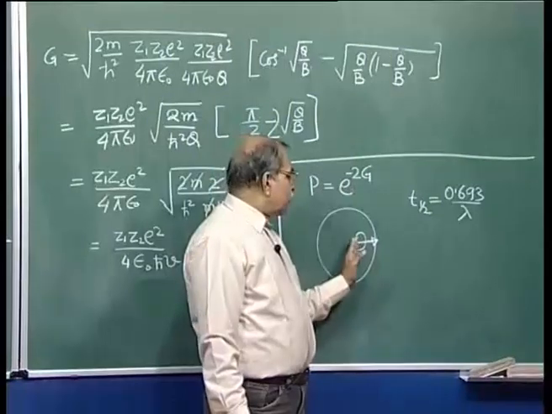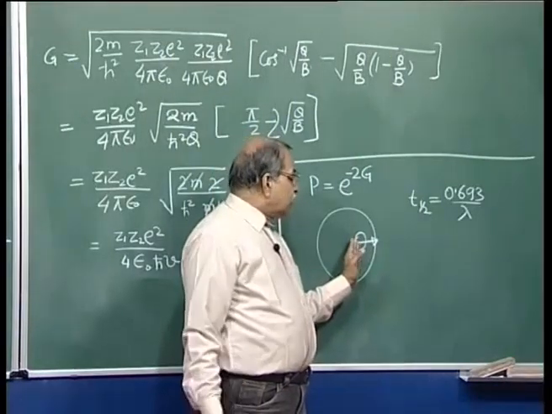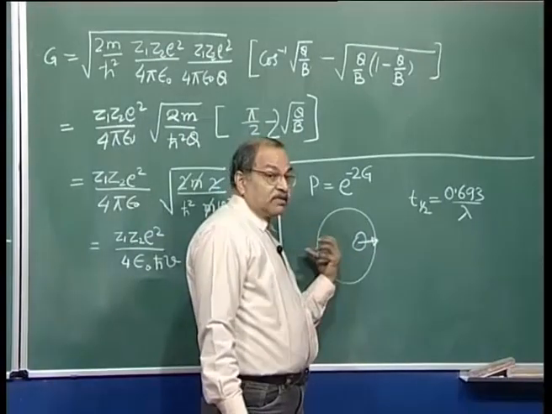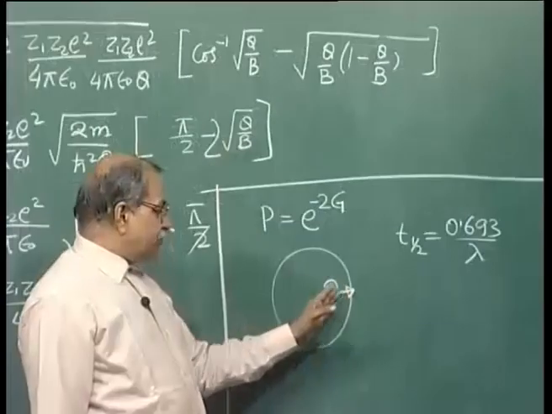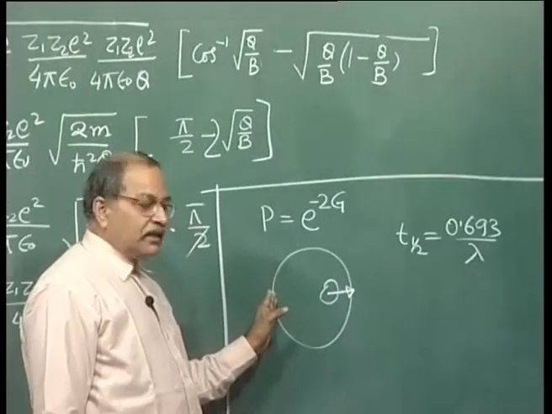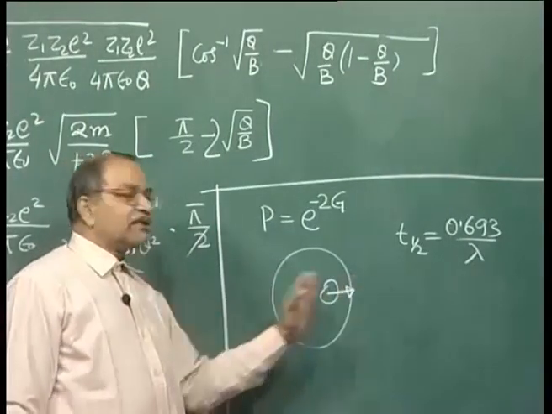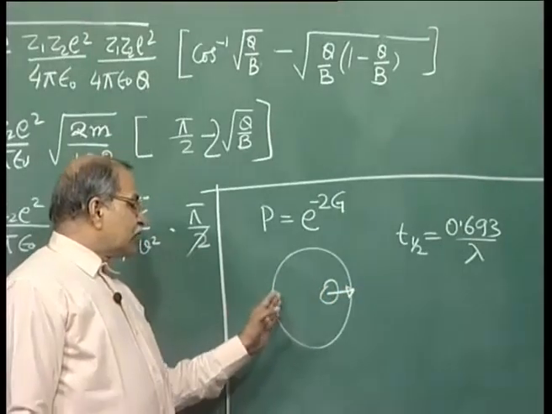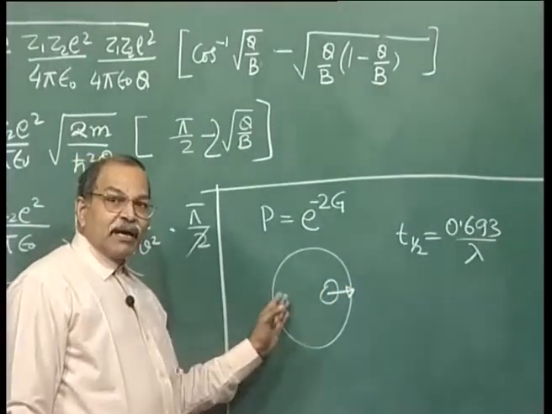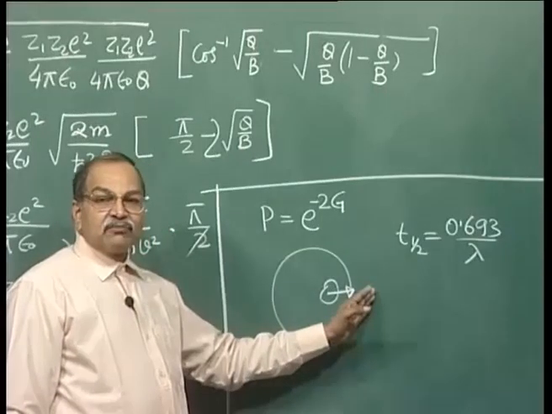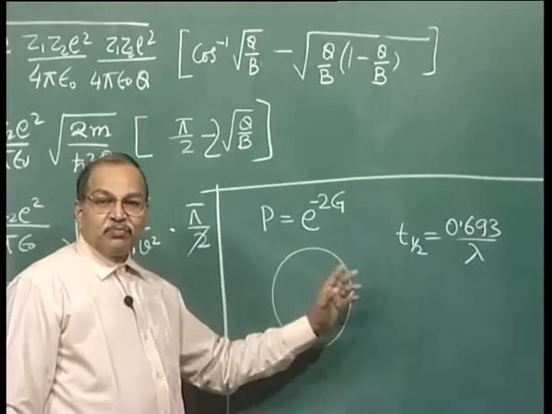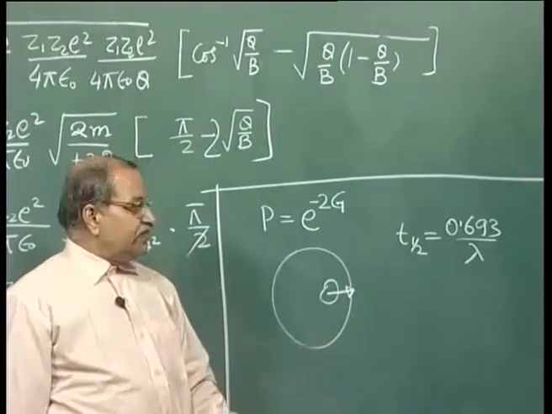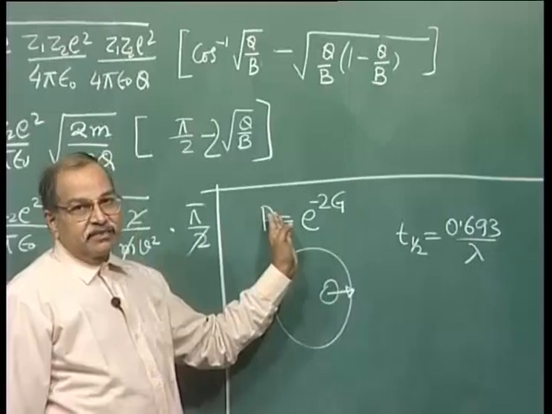So, that means the alpha particle commonly will not come out, it will be reflected back into the nucleus. But then if it is sent back, it will come to the other side, if you think that it is going along the diameter. It will try to come out from here, and if it is sent back again, it will try to come out from there. So, in unit time it will make several attempts, and each attempt has this probability.